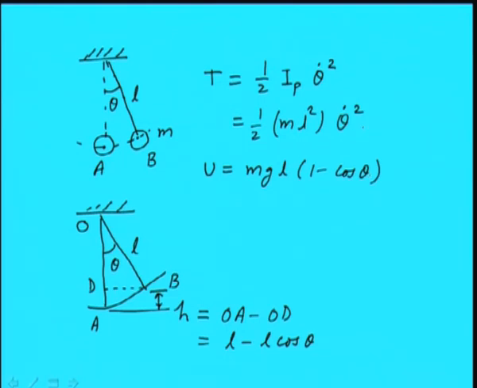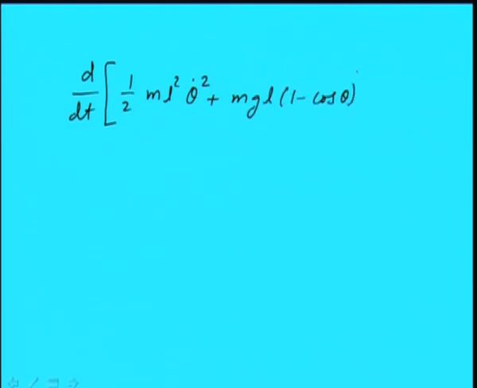Now we got the kinetic energy term and the potential energy term. We can sum them up, and if we differentiate, we will get, I am writing all the terms first. So this is the kinetic energy, then potential energy, and this should be equal to 0.